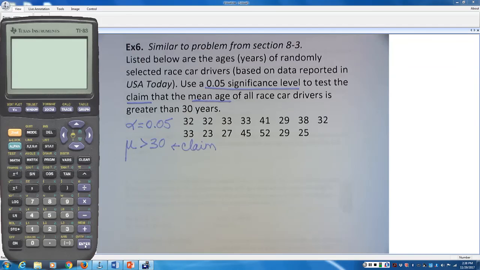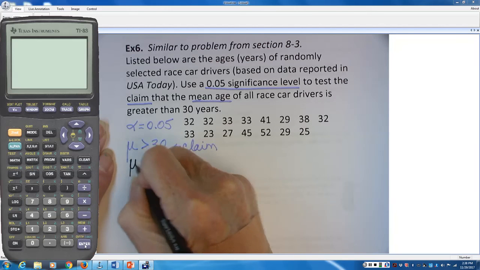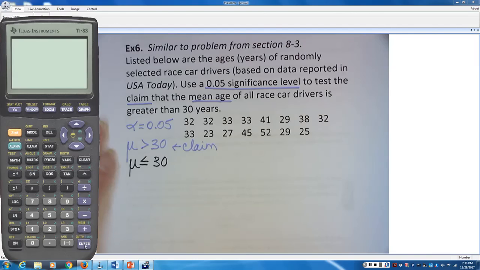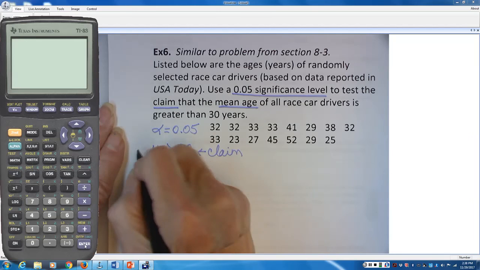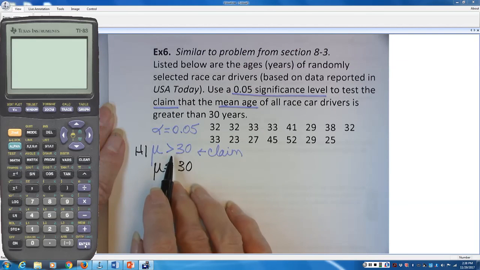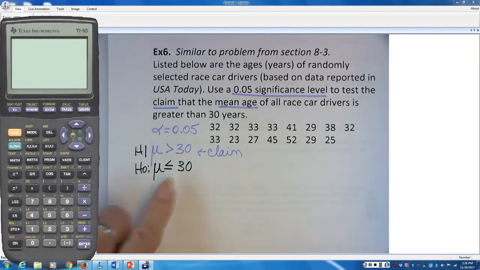So from there, we can conclude that the opposite of the claim is the mean is equal to or less than 30 years, which means this would be H1 because it says greater than, and this would be H0 because it has an equal to.